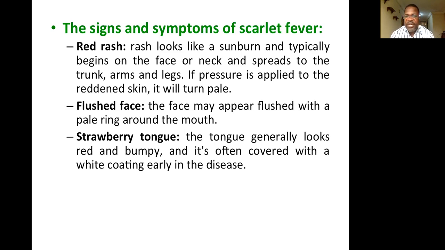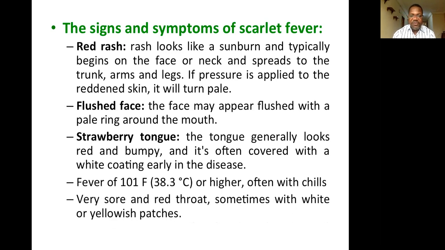The patient will also present with a flushed face, which may appear flushed with a pale ring around the mouth. And they also have what we call a strawberry tongue. The tongue generally looks red and bumpy, so we call it a strawberry tongue. So if you see a patient with a red rash, a flushed face, and a strawberry tongue, then you can make the diagnosis of scarlet fever.